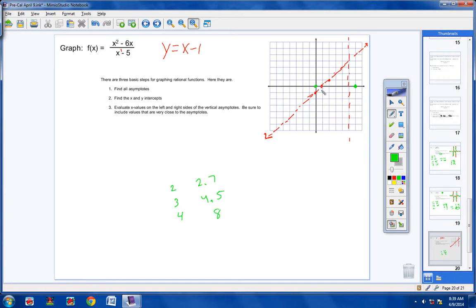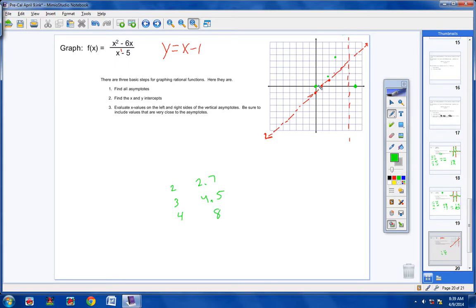So I go over 2, up 2.7, so about right here. Go over 3, and I would go up 1, 2, 3, 4, 4.5, right here. And then for 4, 1, 2, 3, 4, I would go up to 8, so somewhere up here.